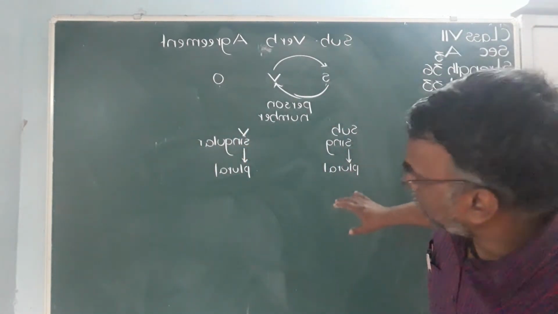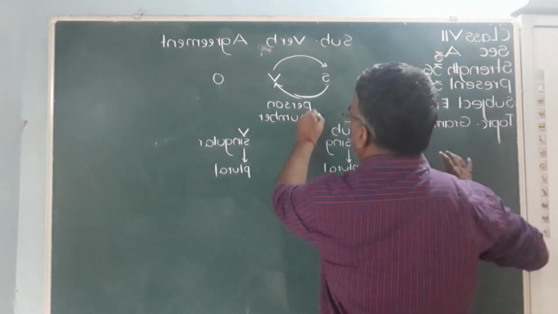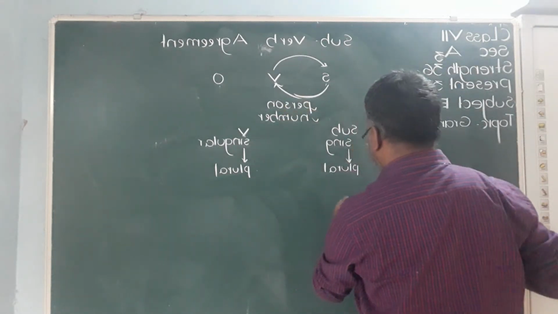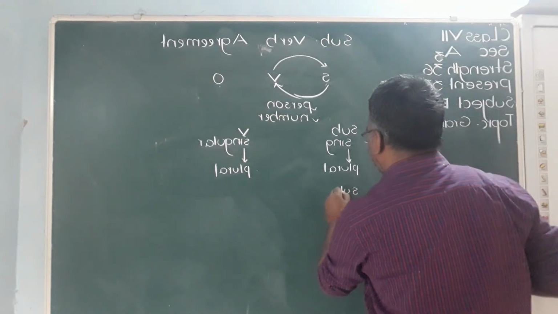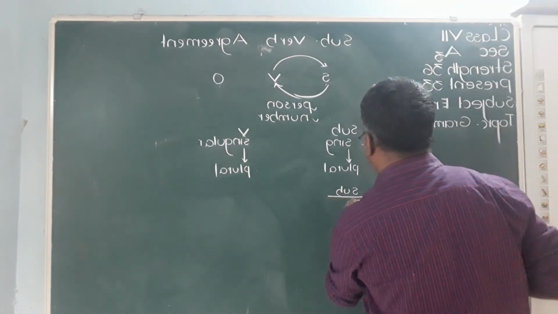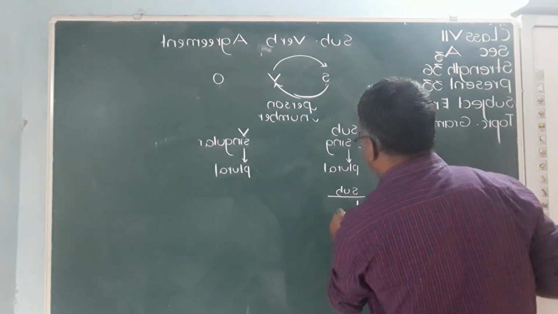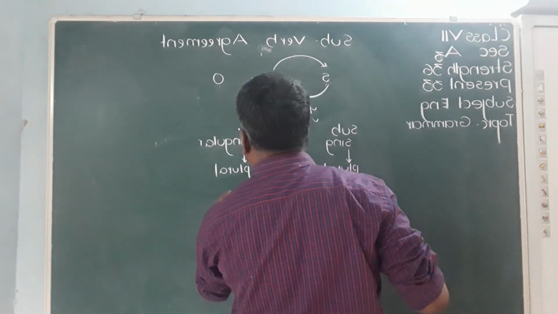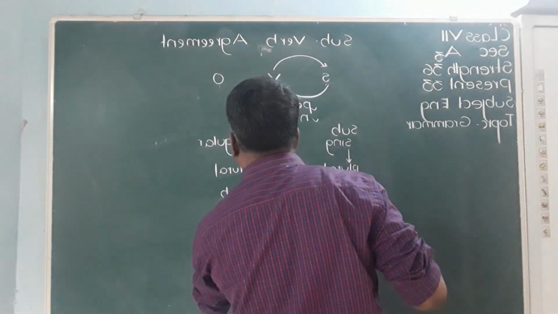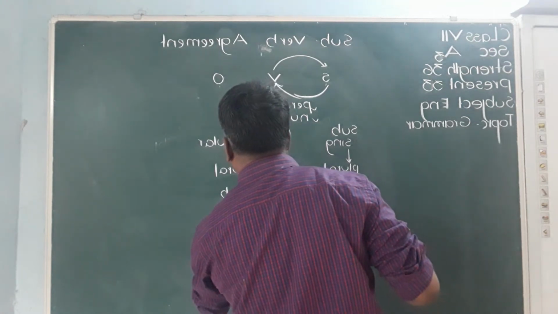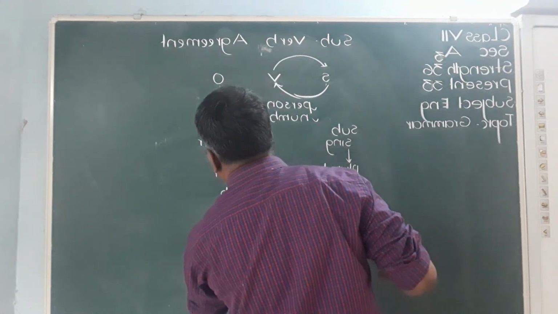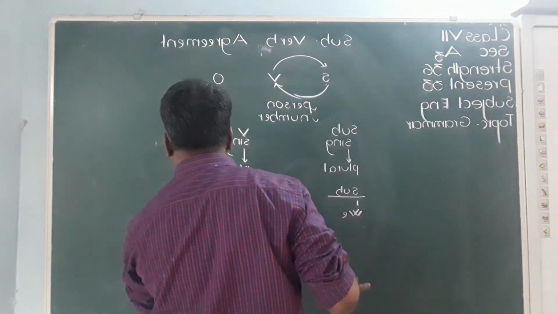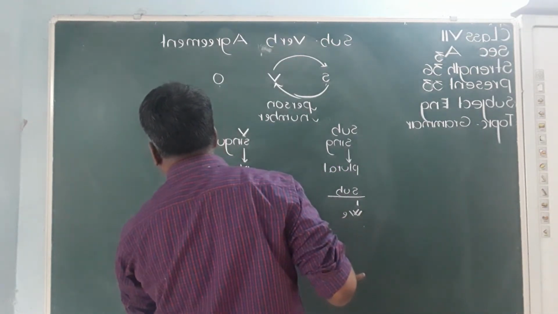The second thing is subject verb agreement in person. When the subject is in first person, that is I or we, we supply the verb in the root form or base form, without any inflectional addition.